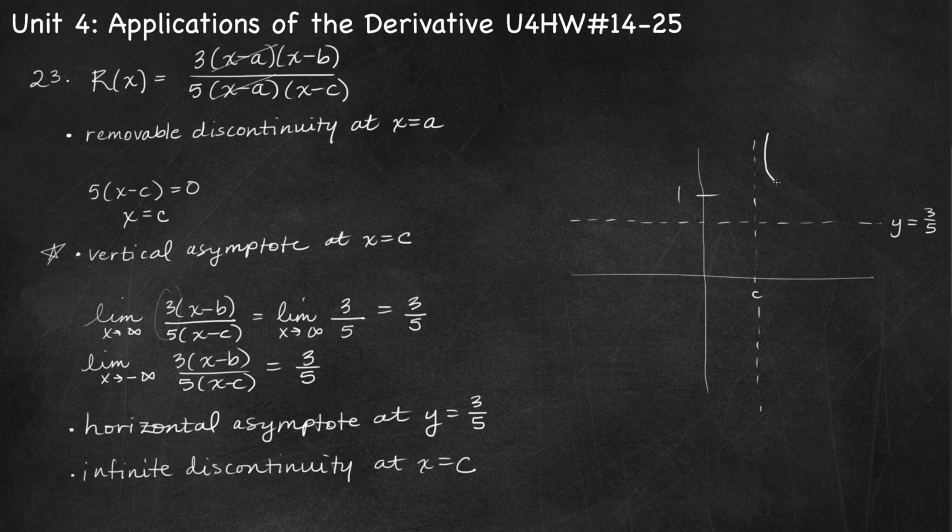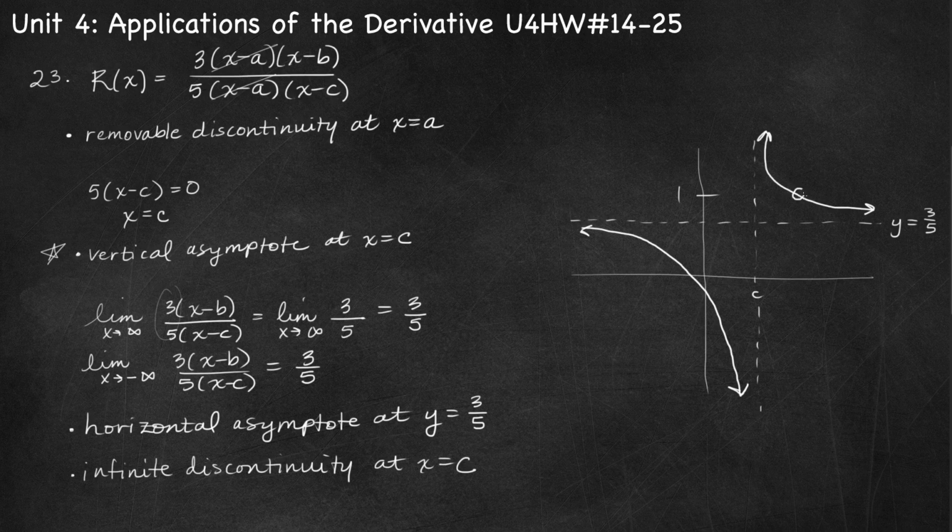And I'm just going to sketch a graph that follows my asymptotes here and here, and then here and here. So I still need to put c on my graph somewhere. Nope, c we have. That's our vertical asymptote. I need to put my removable discontinuity at a. And it's my choice where I want that to be.